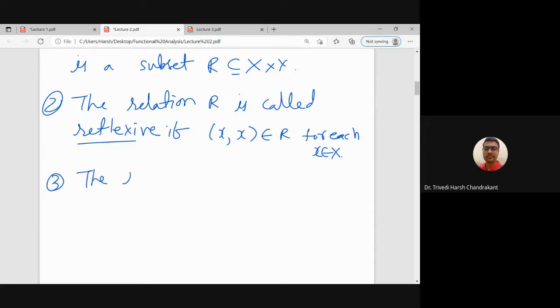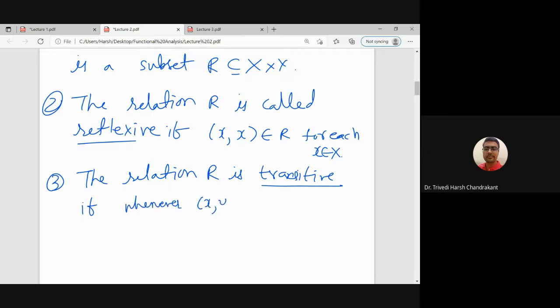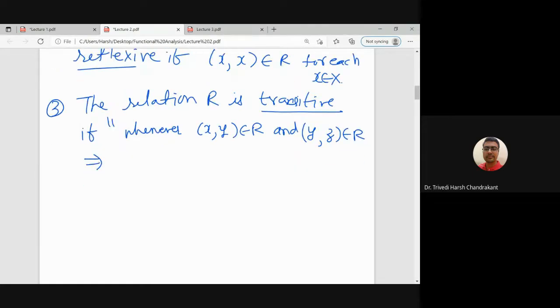The relation is transitive if whenever (x, y) belongs to R and (y, z) belongs to R implies (x, z) belongs to R. Right, so this is transitive.